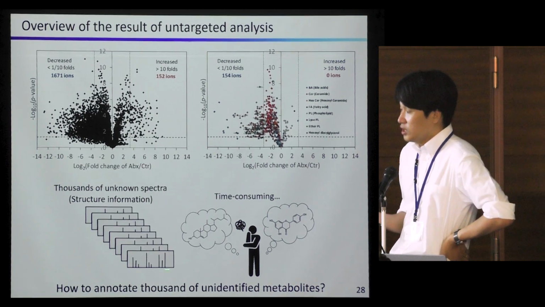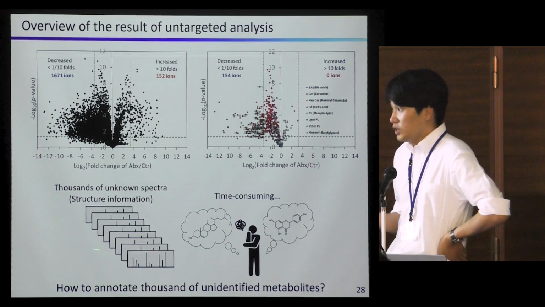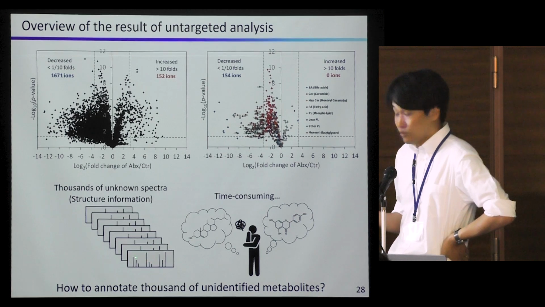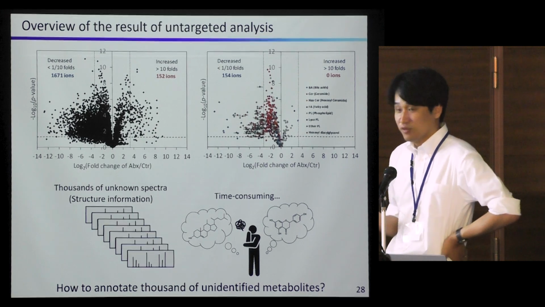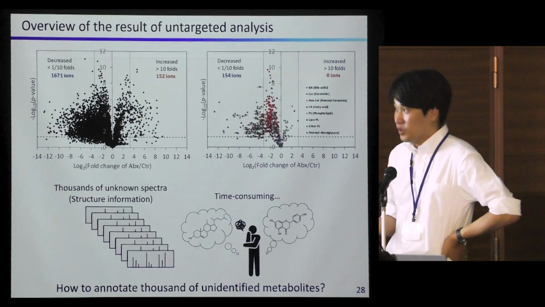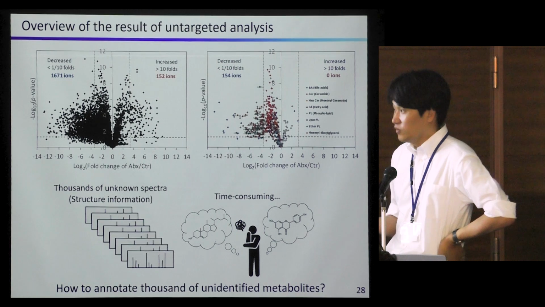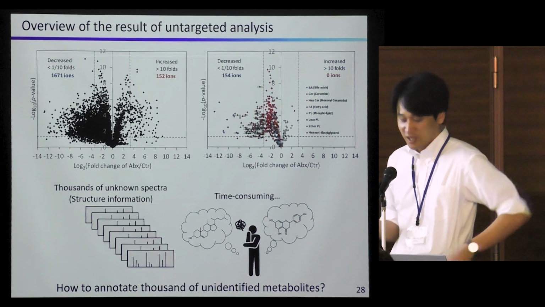Actually, as I showed previously in the case of lipid A, we need to look at the spectra deeply, and understand and interpret what they mean. But we need to look at more than thousands of spectra, which is very time consuming and nobody wants to do that.